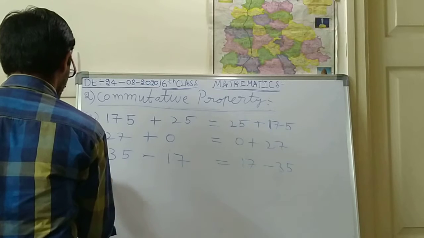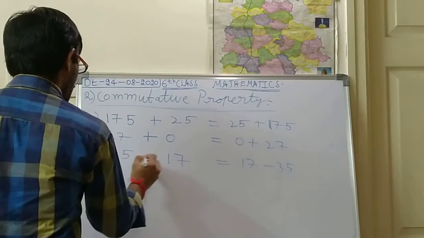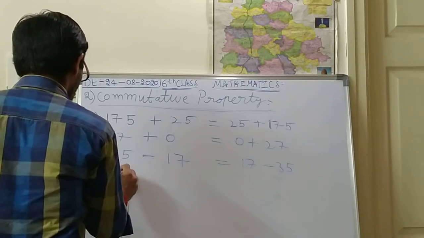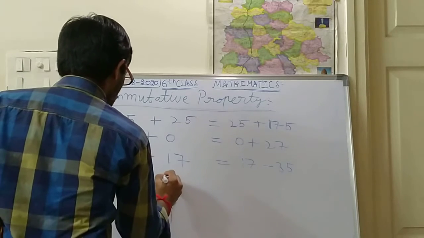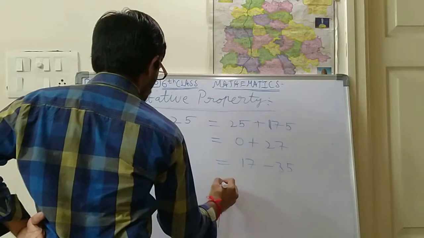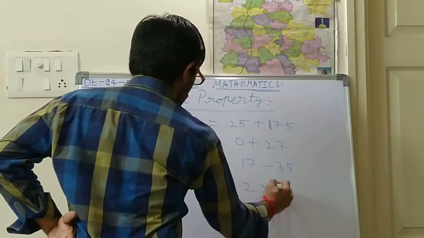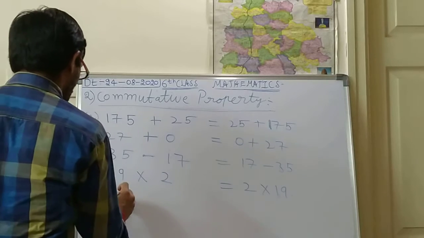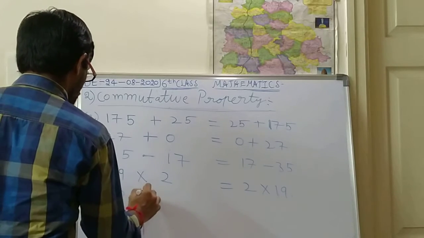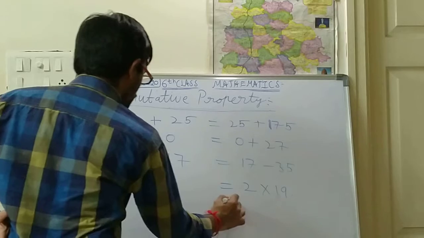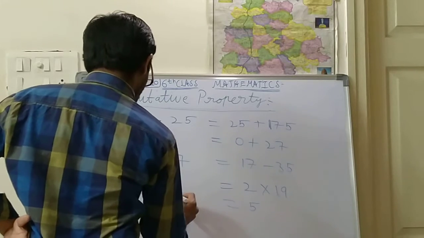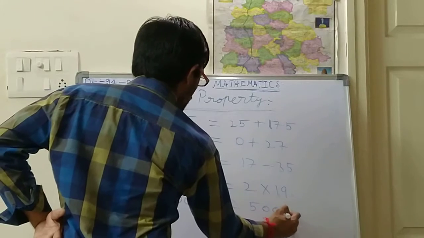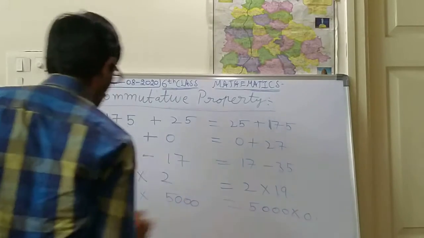Next, D: 19 into 2 is equal to 2 into 19. Next, E: 0 into 5000 is equal to 5000 into 0.